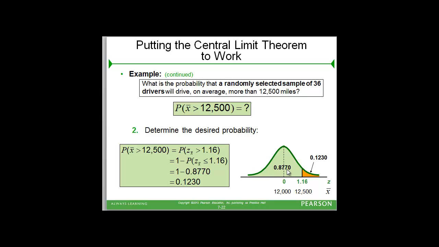So the probability that x bar is greater than this point is this area, that is 1 minus 0.8770, which is 0.123. Which means there is a 12.3% probability that a randomly selected sample of 36 drivers will drive on average more than 12,500 miles.